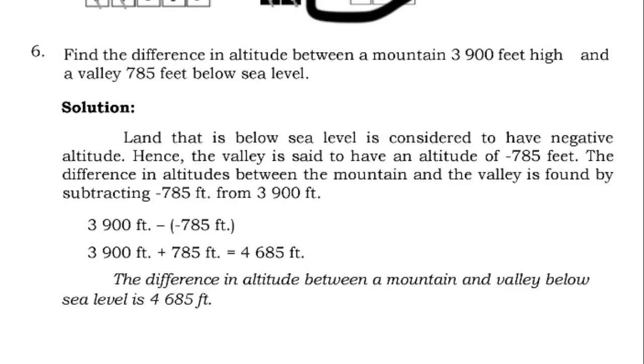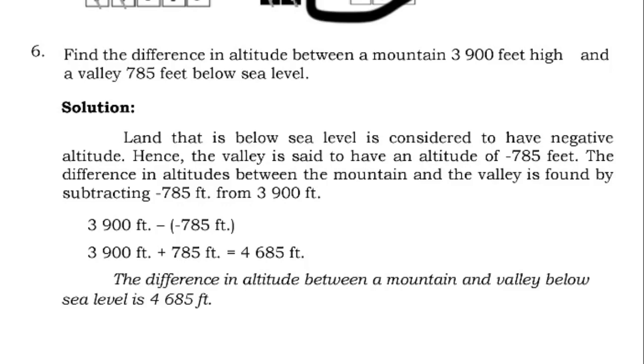Hence, the valley is said to have an altitude of negative 785 feet. The difference in altitudes between the mountain and the valley is found by subtracting negative 785 feet from 3,900 feet. So, in symbols, this will be 3,900 feet minus negative 785 feet.